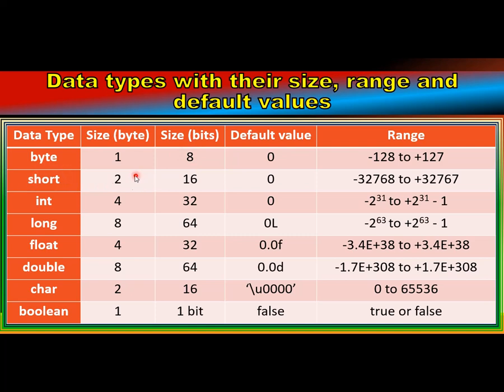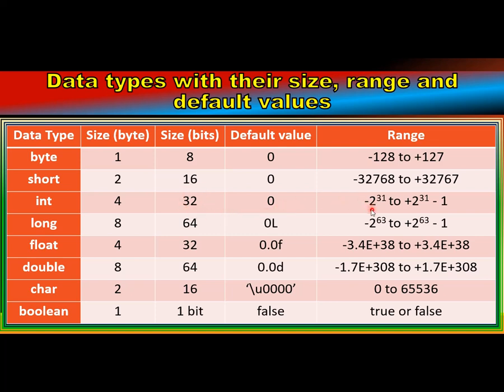And short is 2 bytes, so 2 into 8 equals 16 bits. Default value is 0. Range is minus 32,768 to plus 32,767. Then int is 4 bytes, so 32 bits. Default value is 0.